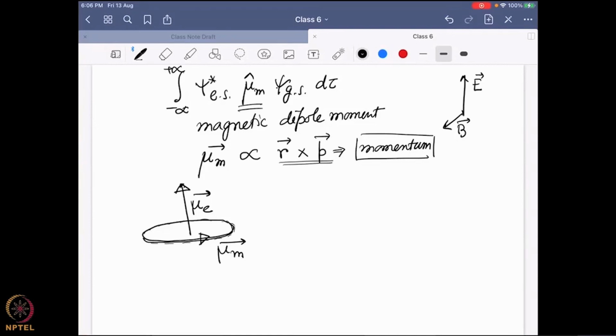Previously we connected the electrical dipole moment, because of a directional axis system, to the x, y, or z axis motions. Over here, how can we define the motion of this magnetic moment? You can define it as a rotational motion. What do I mean?